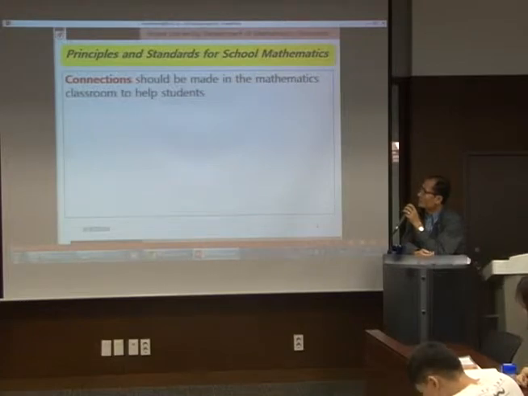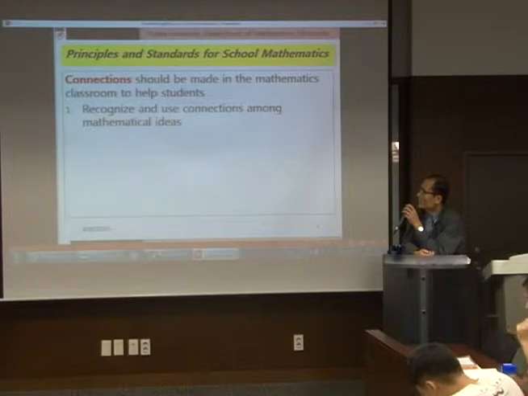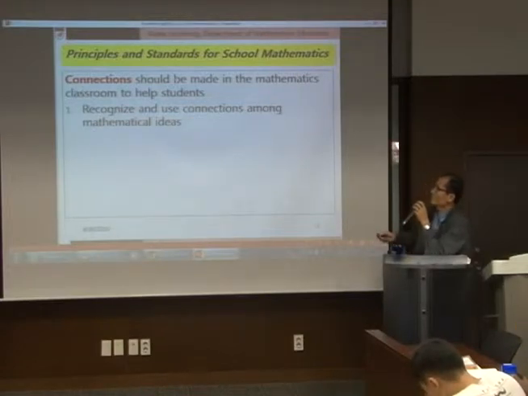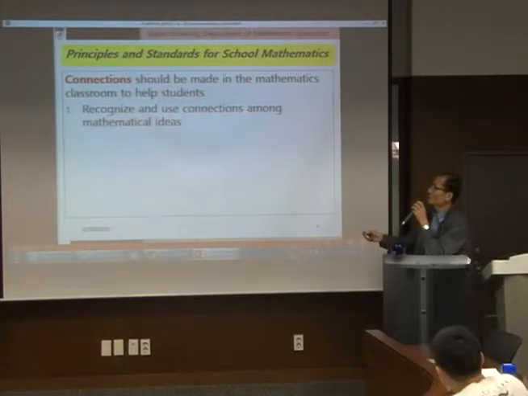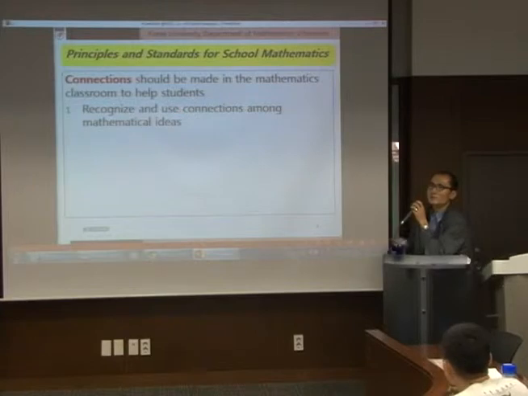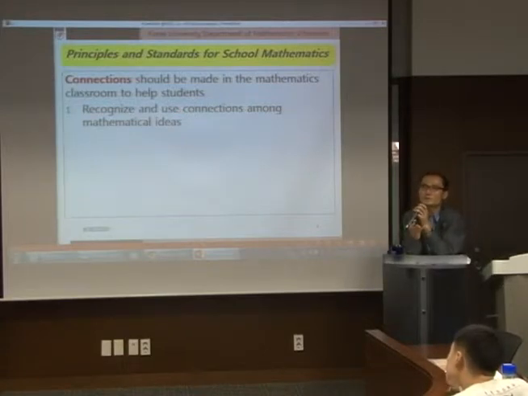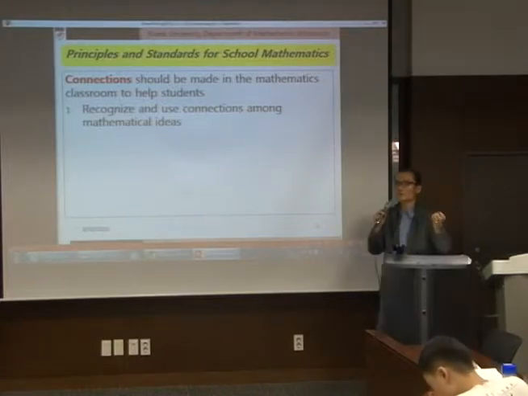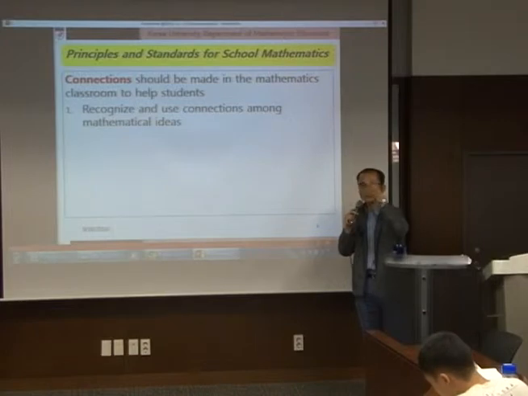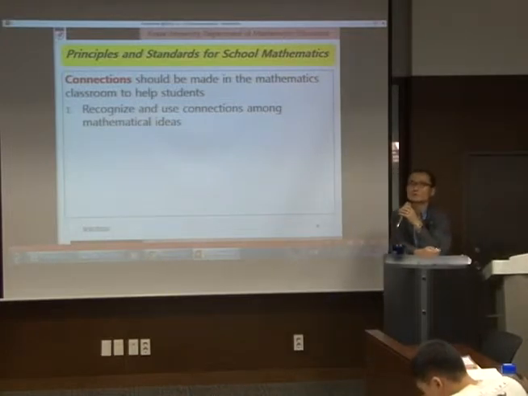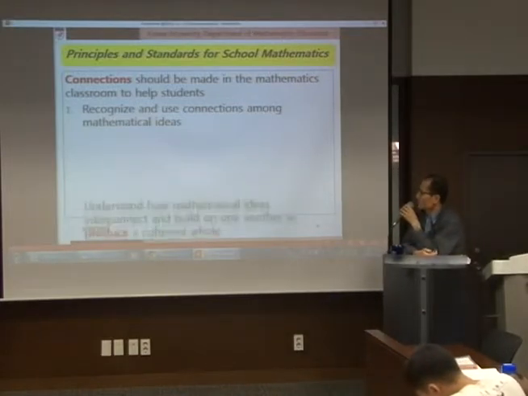The connections should be made in the mathematics classroom to help students: first, recognize and use connections among mathematical ideas. One example addressed by the NCTM standard is connecting algebraic ideas with geometric ideas, right? That is one of the representatives.